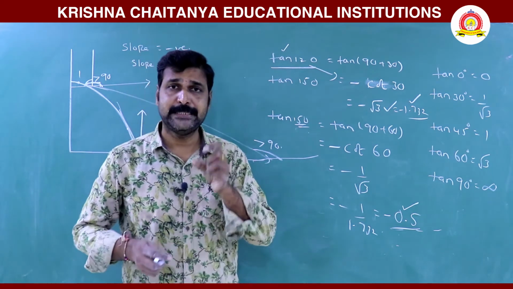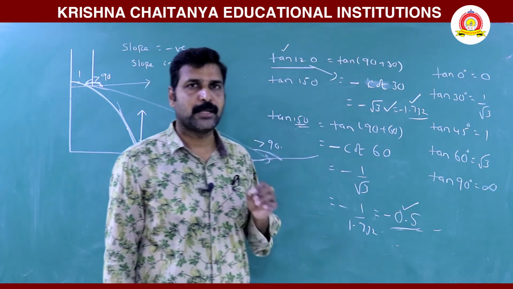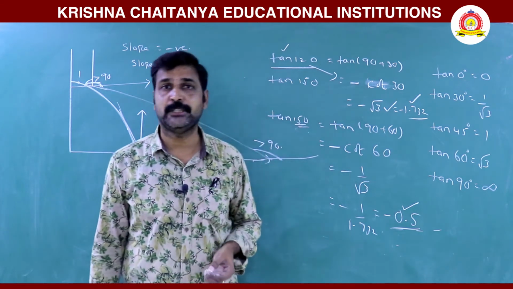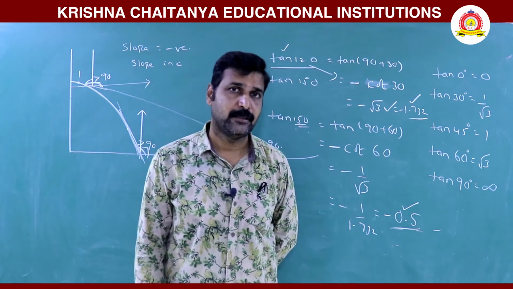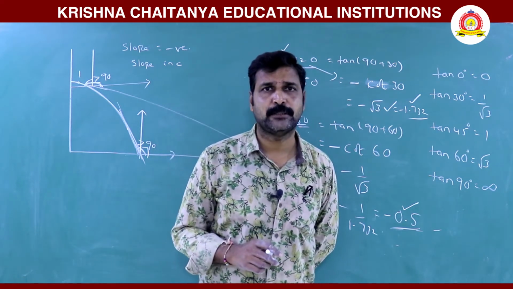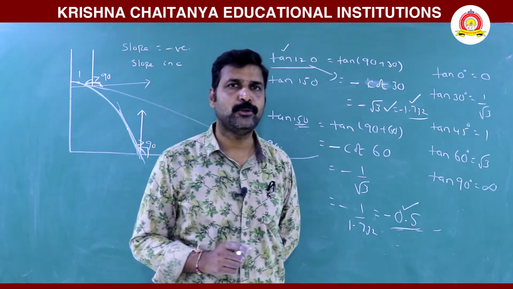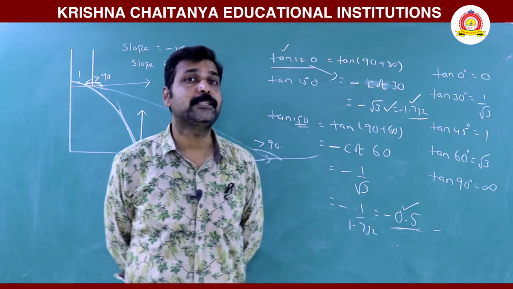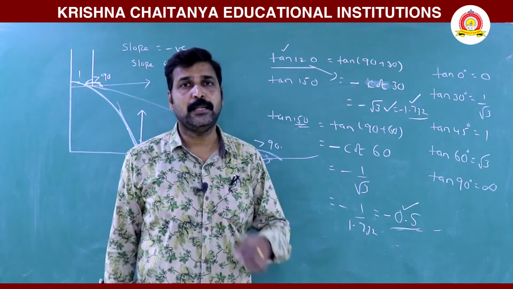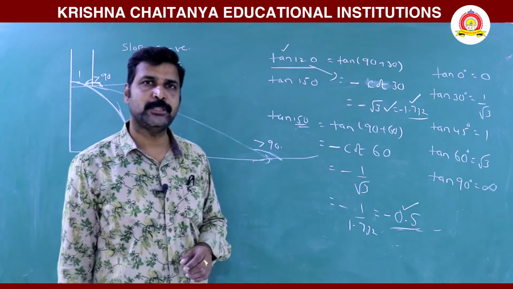First of all, since this is one-dimensional motion, for all constant acceleration motions, means uniform acceleration motions, for such motions we can apply equations of motion. v is equal to u plus at, s is equal to ut plus half at squared, v squared minus u squared is equal to 2as. All these equations are valid for uniformly accelerated motion.